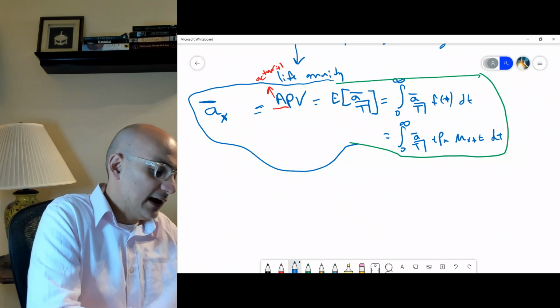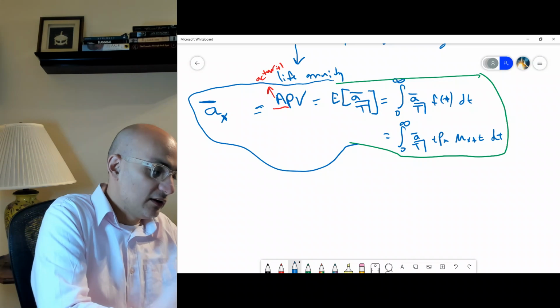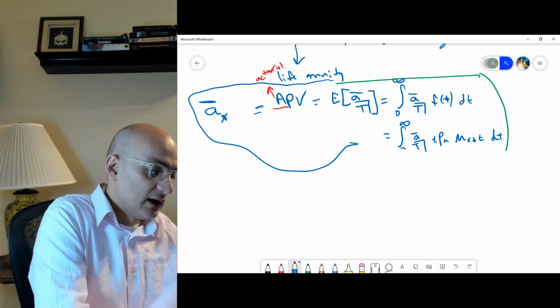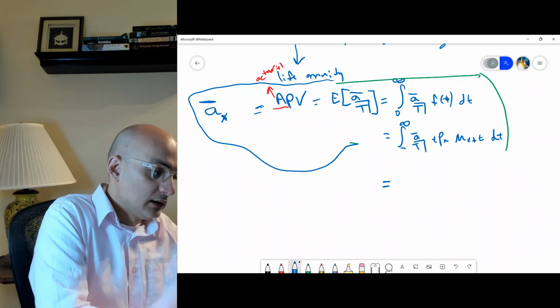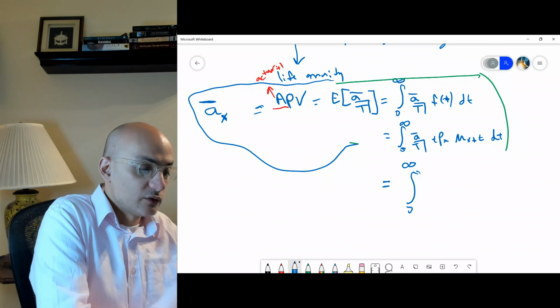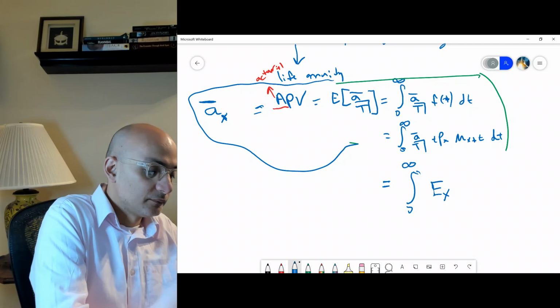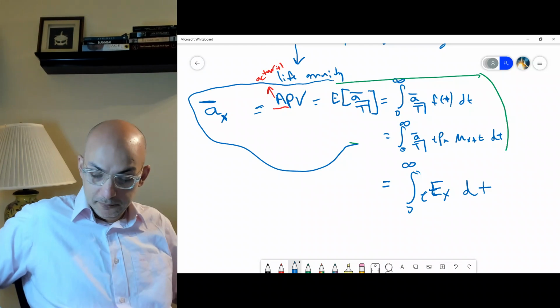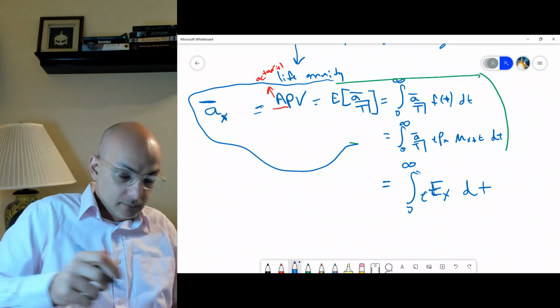You might also do it in another way. Let's expand this a little bit, because there is another way to write this. You can write the integral from 0 to infinity of, instead of this, all you need to write is t E x, dt.